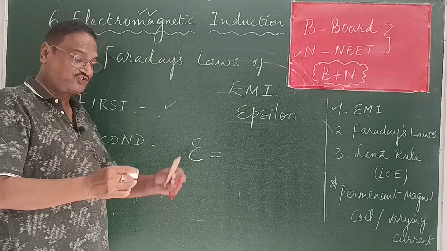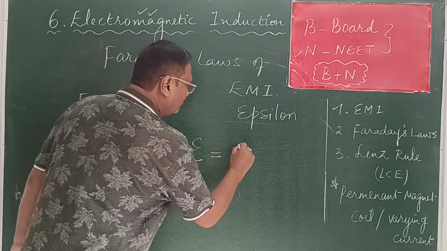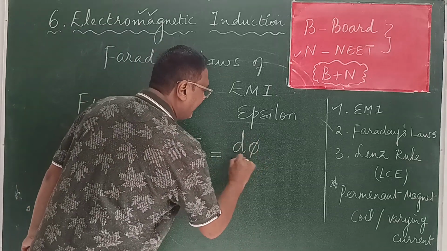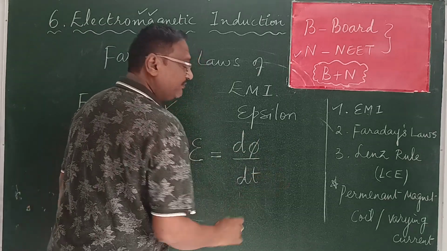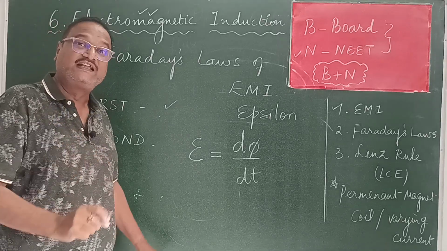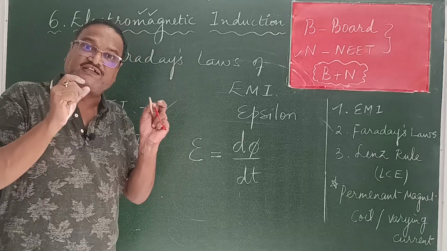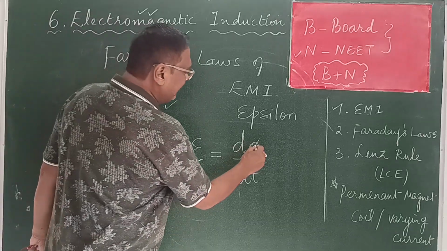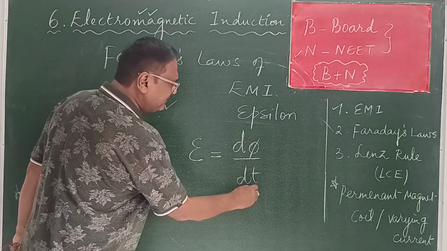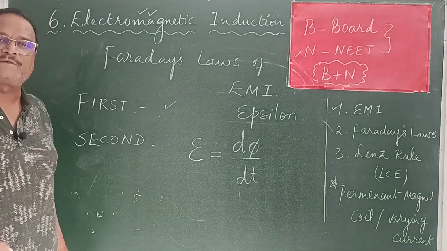The EMF is induced because of change in magnetic flux. So, d phi by dt. When you say change in magnetic flux, it is with respect to time. It varies with the time. So, d phi by dt. This is Faraday's second law.